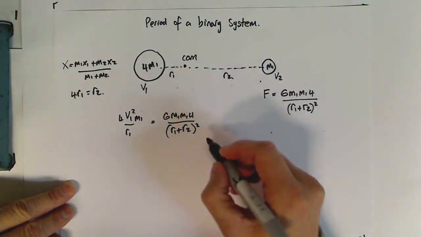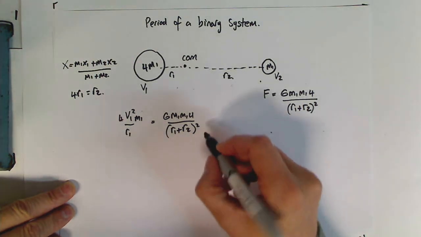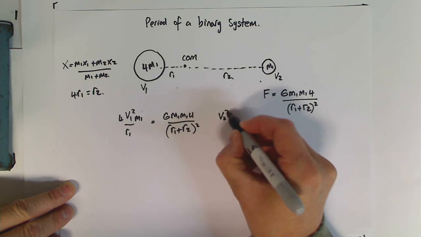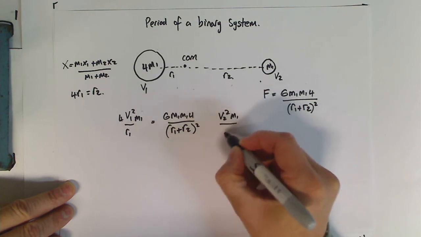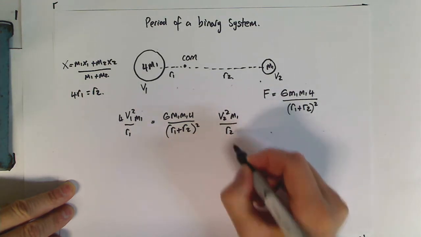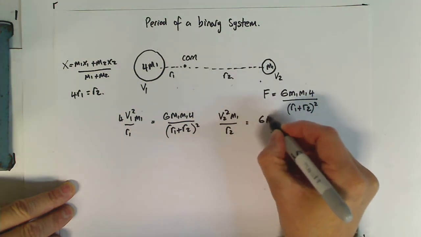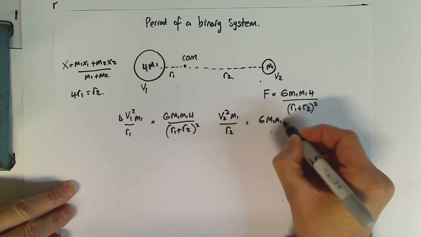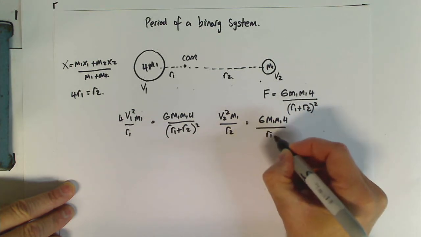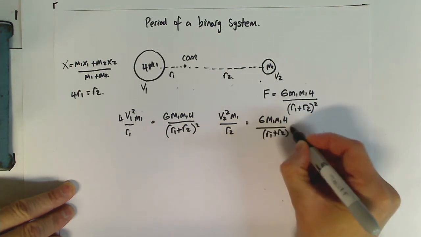We can do the same for the right-hand side body, which is v2 squared times m1 all over r2, again from the center of mass, equal to that same G m1 4 all over r1 plus r2 squared.